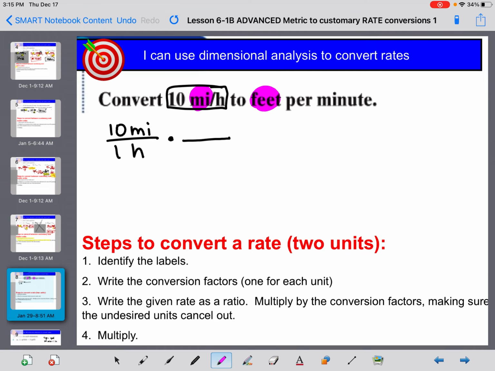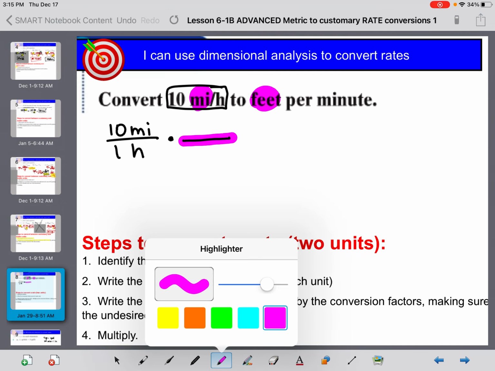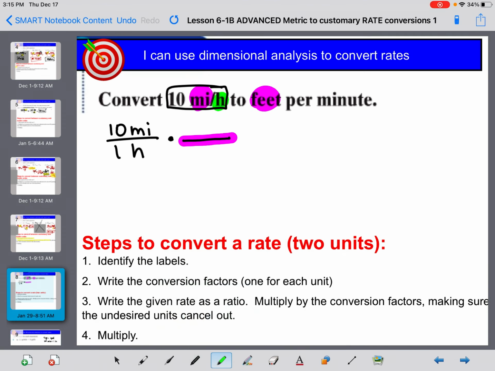miles to feet. That's this conversion factor. And then I need another conversion factor to go from hours to minutes. So that'll be this conversion factor. And you're just going to multiply all 3 ratios together. So how do I go from miles to feet? Well, I know that there are 5,280 feet in 1 mile.